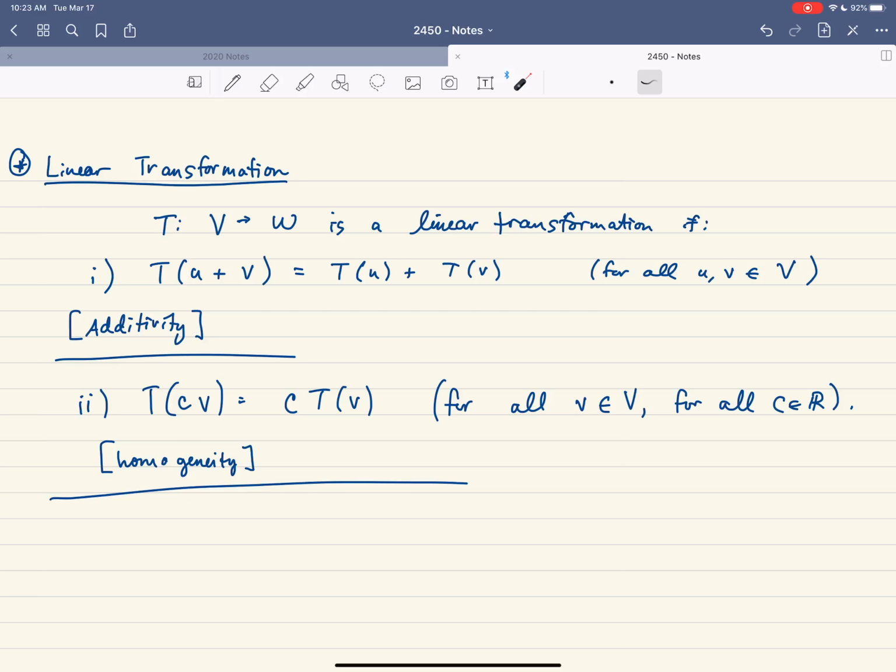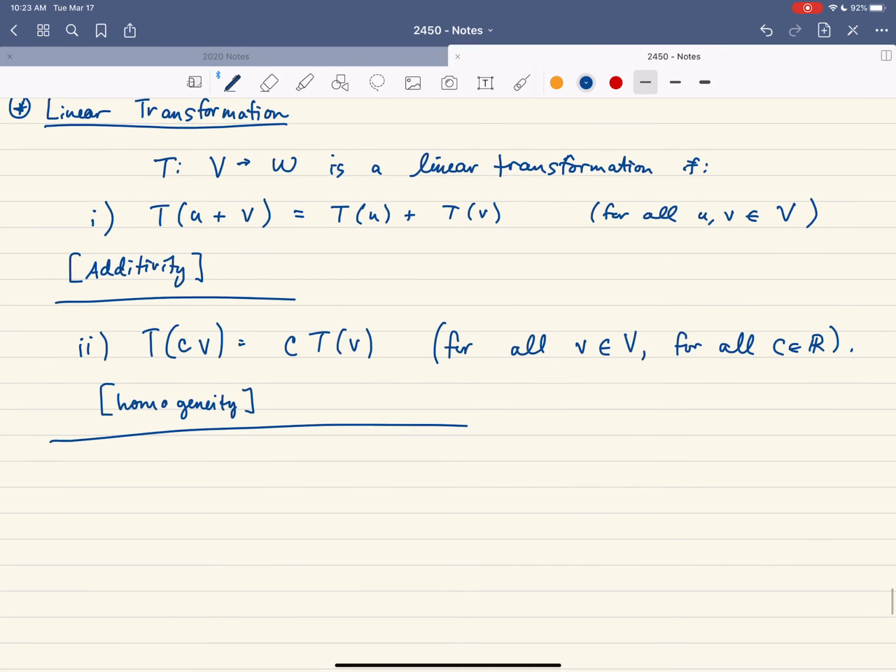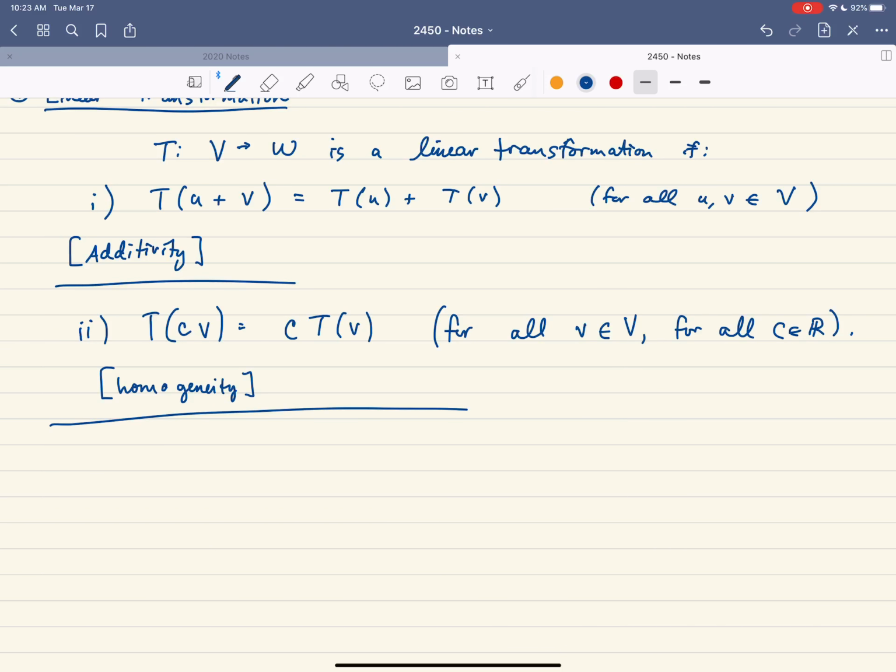So what I want to do is look at a few vector transformations and determine whether or not they're linear. Before I do that, I just want to add one other equivalent definition. If I combine both of these properties of additivity and homogeneity, equivalently T going from V to W is a linear transformation if it has the following property. You can actually just combine these properties into one.